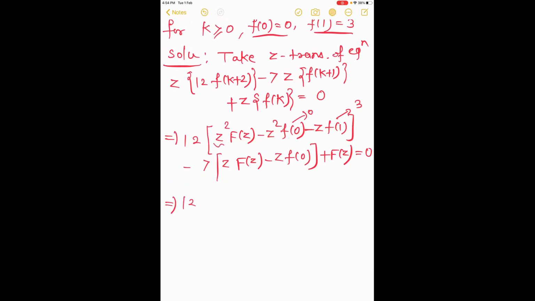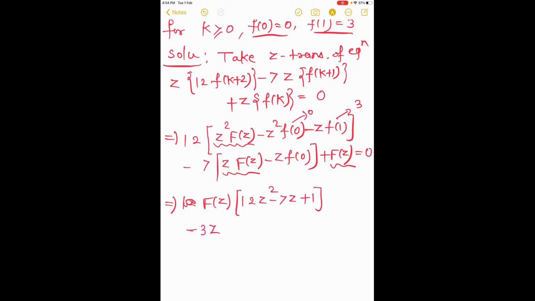So this is one term, z square F of z, then z into F of z and this z. So I'll take F of z common, and the coefficient of that is 12z square minus 7z plus 1. This is the coefficient of F of z, and the remaining terms: minus 3z will be there.